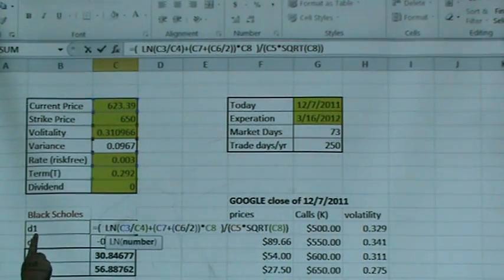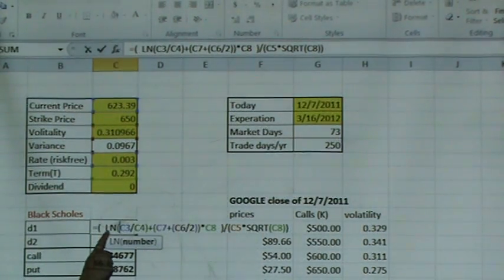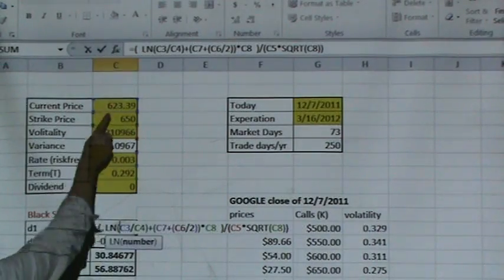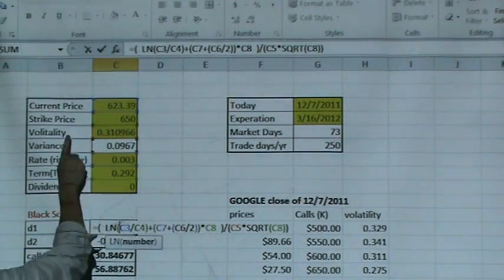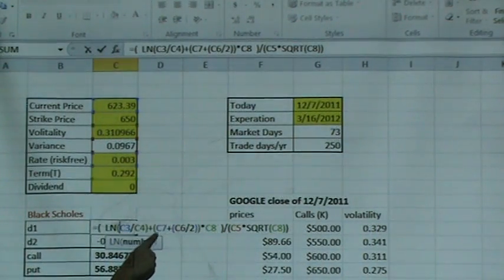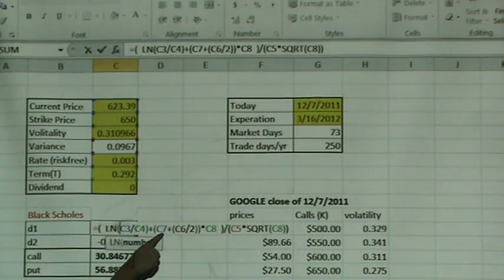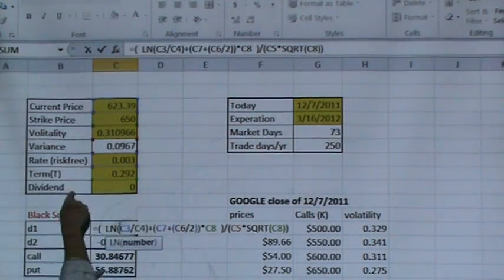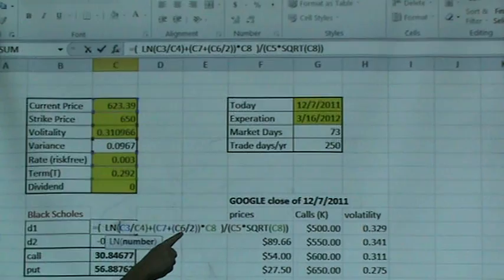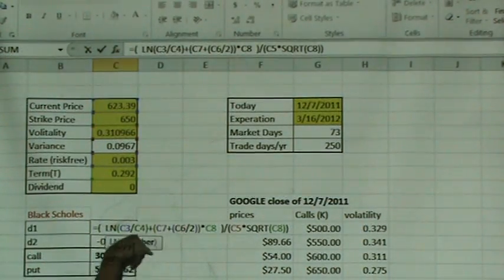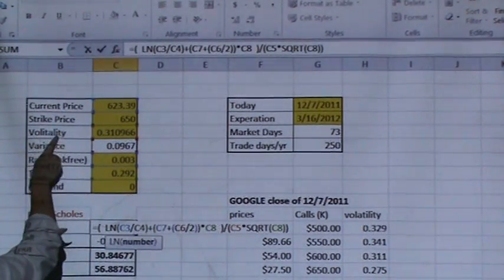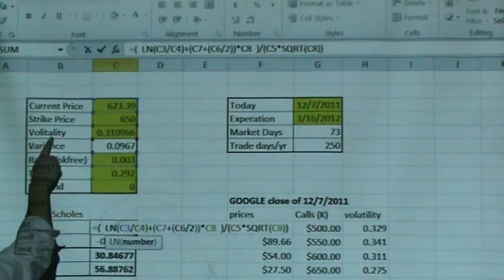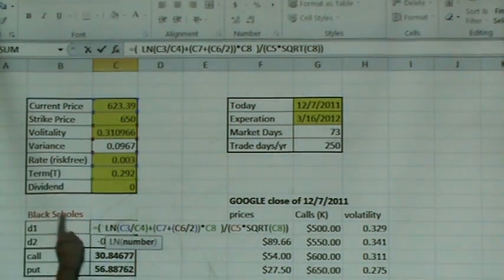The D1 term is the natural log of the current price divided by the strike price, plus C7, the interest rate, plus what we're calling sigma, the volatility, is what's in our formula.